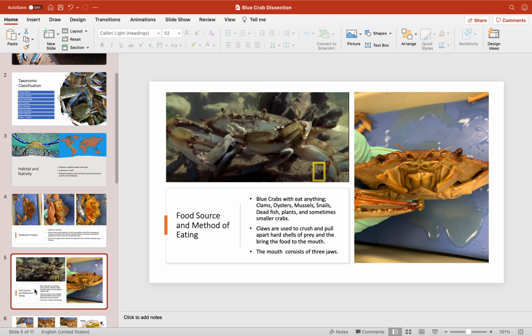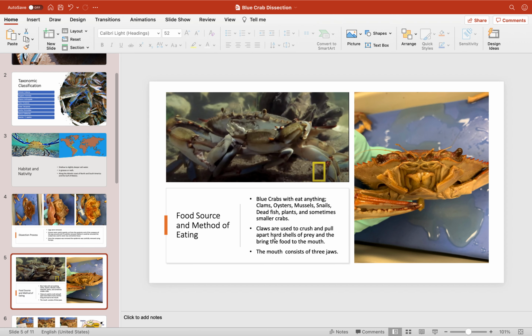So before we dive more into some of that dissection, the blue crab will eat just about anything that's smaller than them. Clams, oysters, mussels, snails, sometimes dead fish, and sometimes even plants, which I found interesting, and smaller crabs.